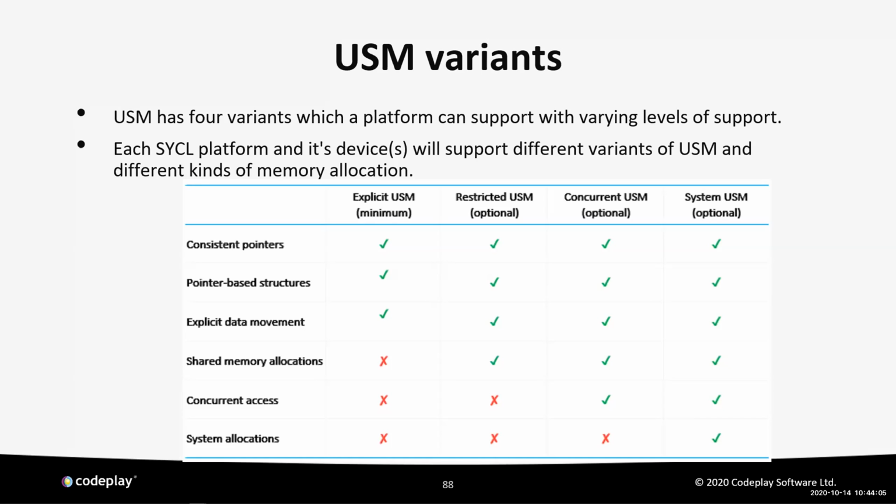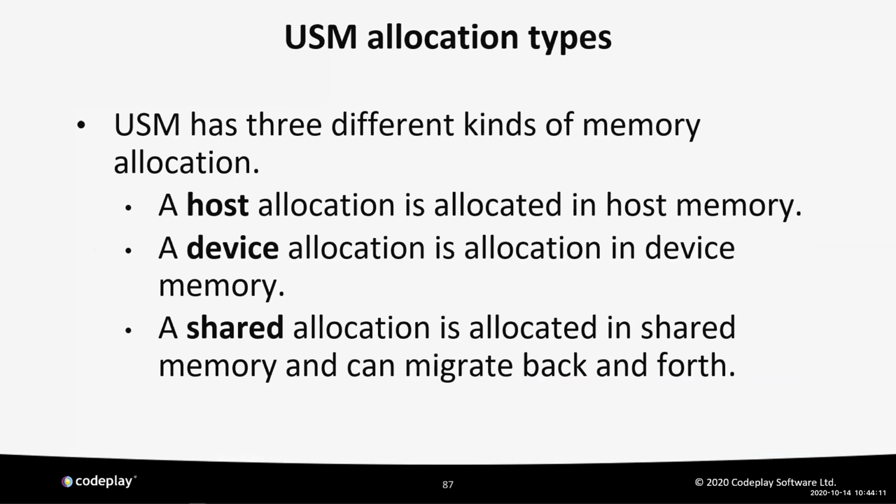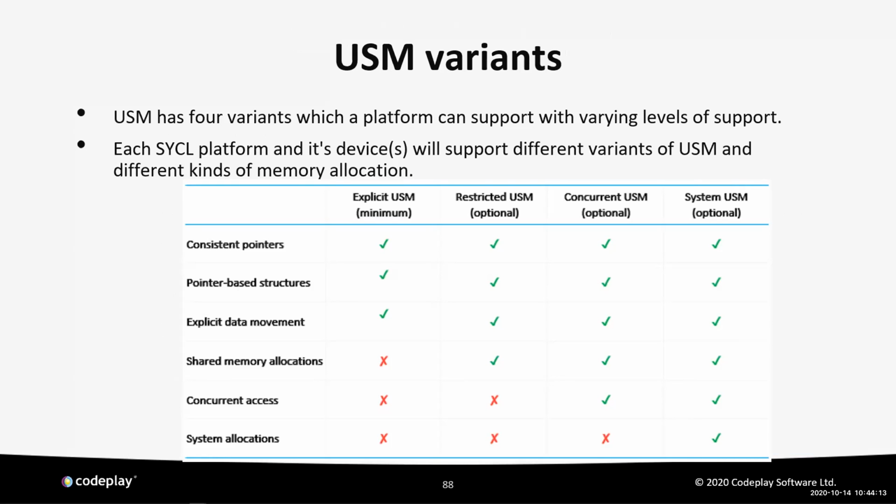But you can optionally move towards restricted USM, which has shared memory allocation, which I talked about here. Even though they're shared, they cannot be accessed concurrently between the host and the device. But you can also go to the next step, which is concurrent USM, where they can be accessed concurrently. And then finally, system USM, where the system allocations can be accessed.